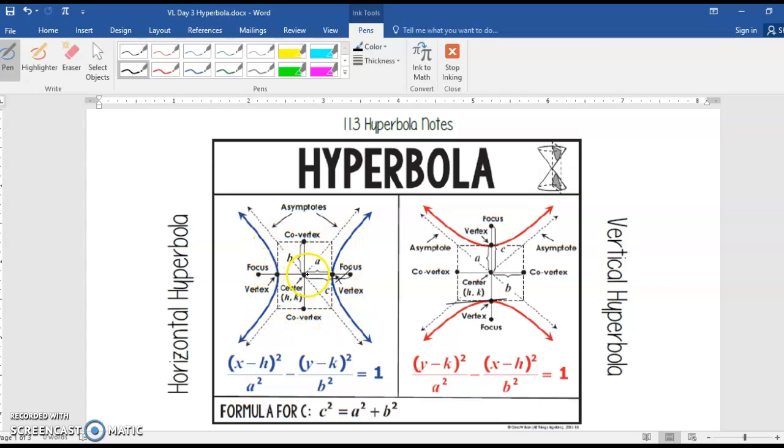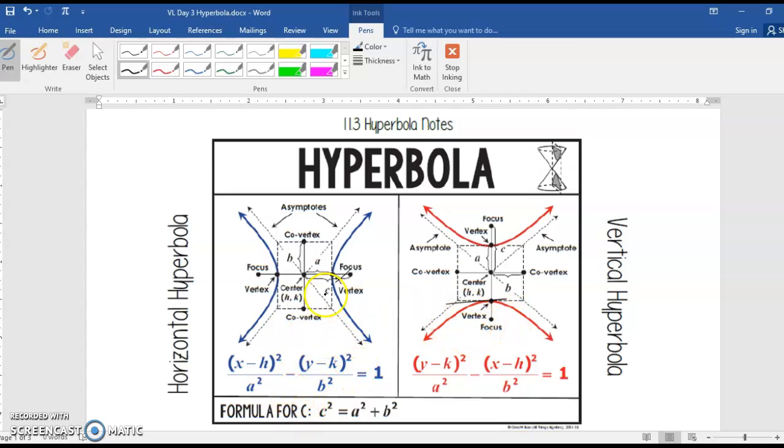The semi-transverse axis and semi-conjugate axis, if you extend them, will form a rectangle, and the diagonals of them would form the asymptotes, on which the hyperbola actually curves around. So the asymptotes also play a major role. And the same here, it's just that it is vertical, so you will see it in this way.